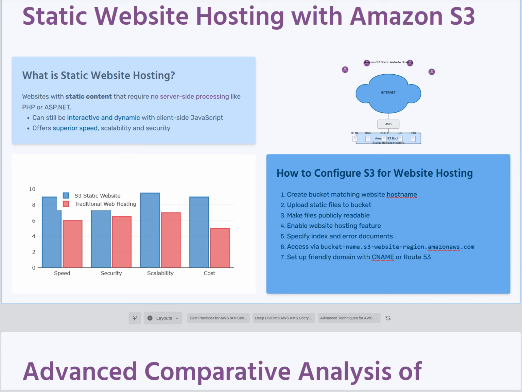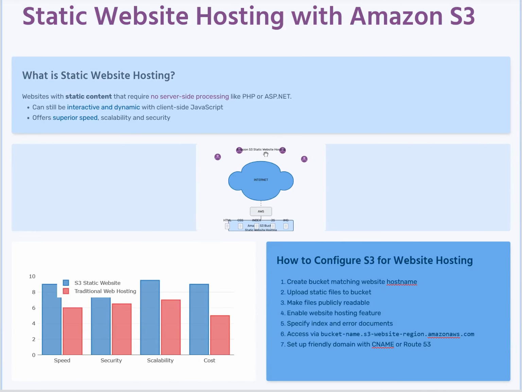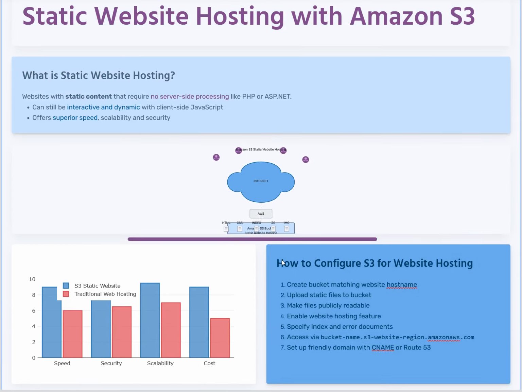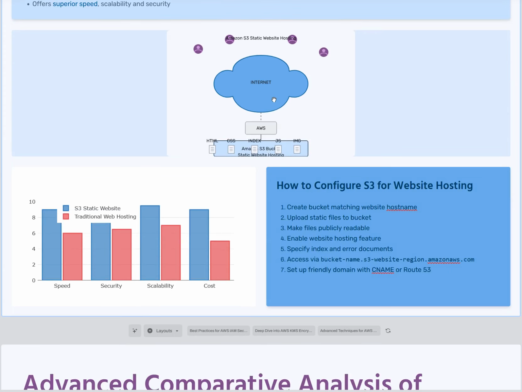If you want to create a website with a lot of information but you don't want server-side processing, you can still do this. You can create the website. See the Amazon S3 static website hosting diagram.